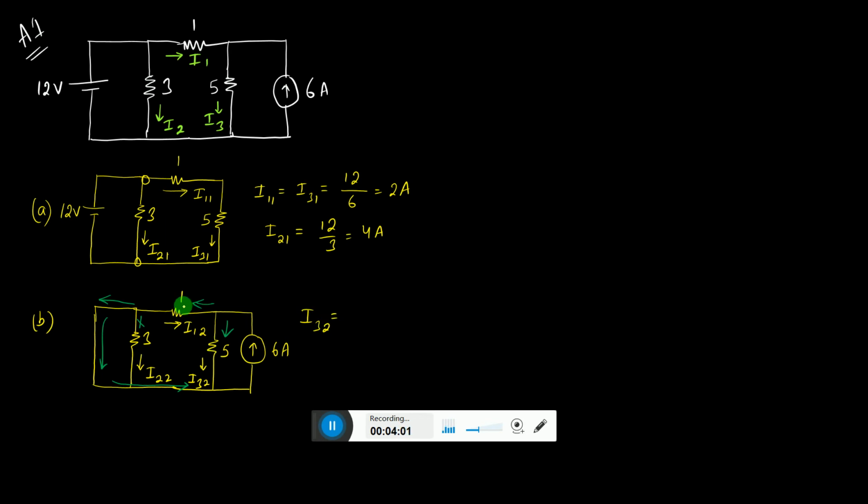Opposite resistance, that is 1, divided by the sum of the resistances, that is 6, into total current 6, gives 1 ampere. The current going through is from right to left, but our direction for I12 is from left to right. Therefore we write I12 with a minus sign. The current through this 1 ohm will be equal to opposite resistance divided by the sum of the resistances.